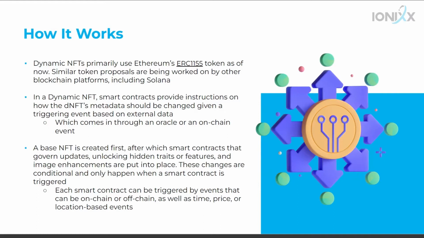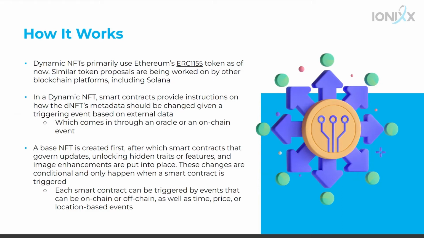The two primary networks that are exploring dynamic NFTs are ERC-1155 on the Ethereum network, and Solana is experimenting with it as well. You can kind of create dynamic NFTs using either platform at the moment. I know many other platforms are working and launching similar projects, dynamic NFT projects, as we're recording this.